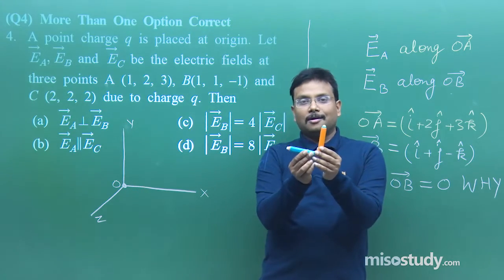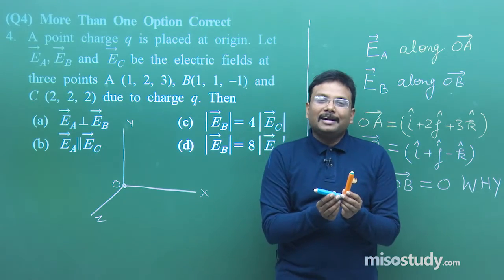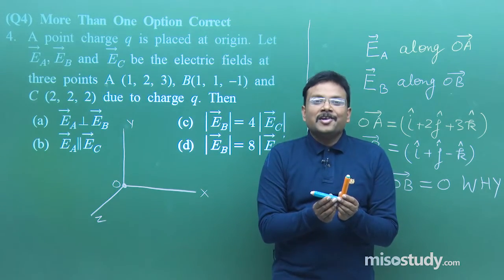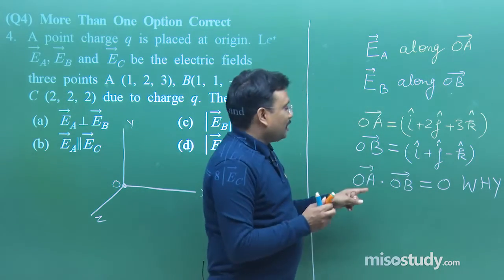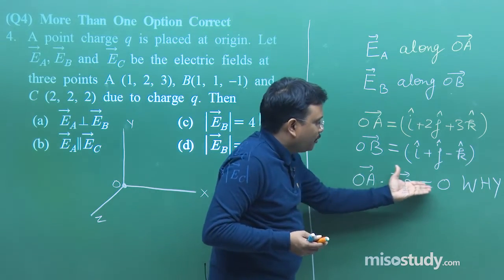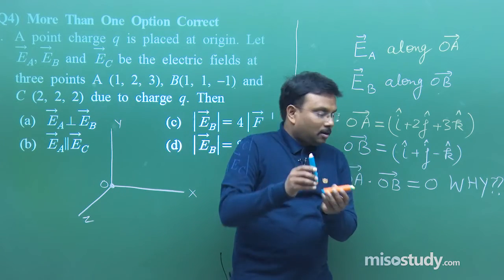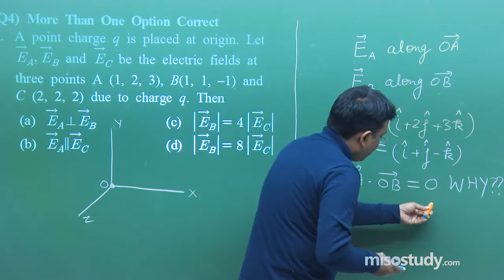And cos 90 is 0, sin 90 is 1. So, with the understanding of this, I can simply say OA dot OB is equal to 0. It is perpendicular.